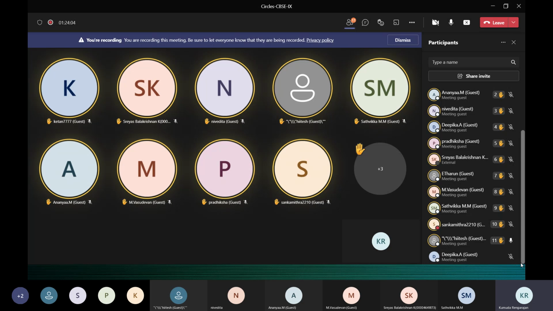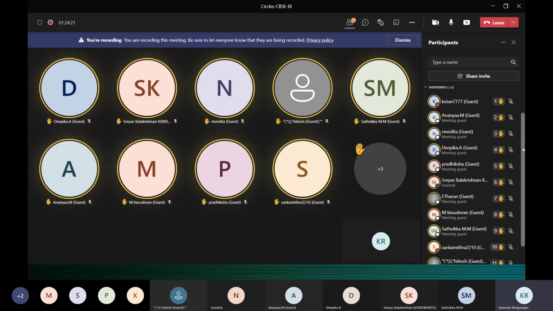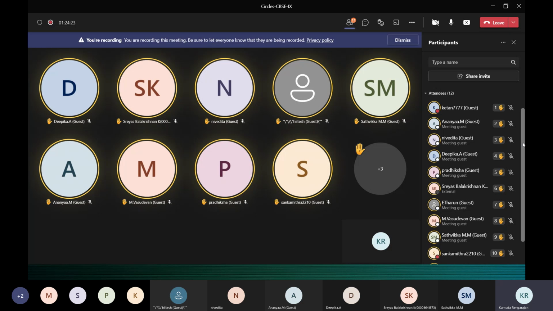Deepika? Yes, ma'am, I have raised. Okay, oh, I can't see. Okay. All right, Deepika. So Deepika, Hitesh, Sangamitra, Satvika, Vasudevan, Tarun, Shreyas, Pratiksha, Deepika, Nivedita, Ananya, and Ara.